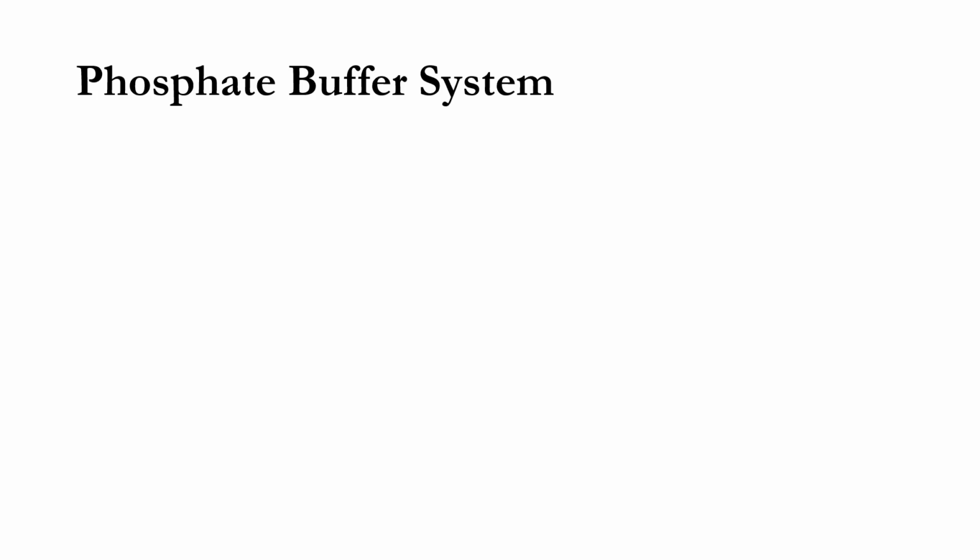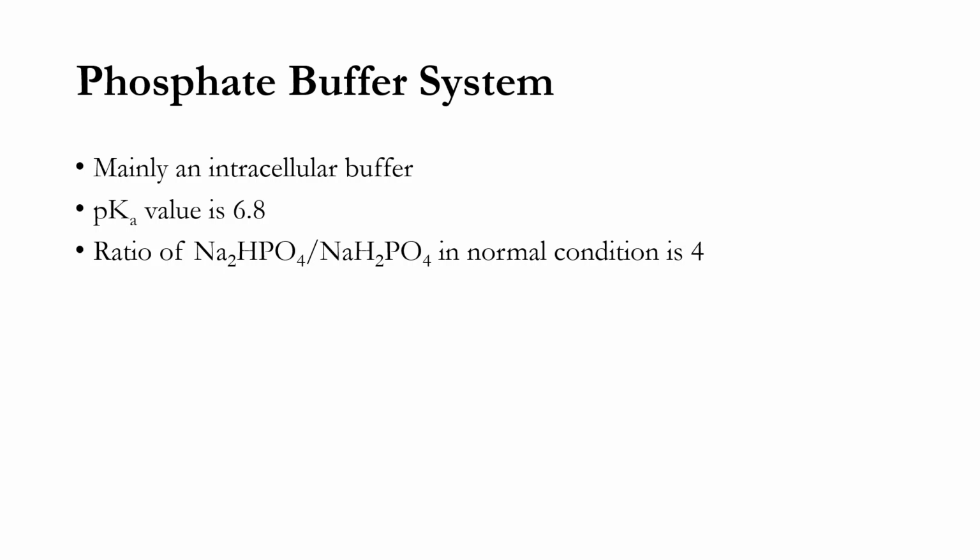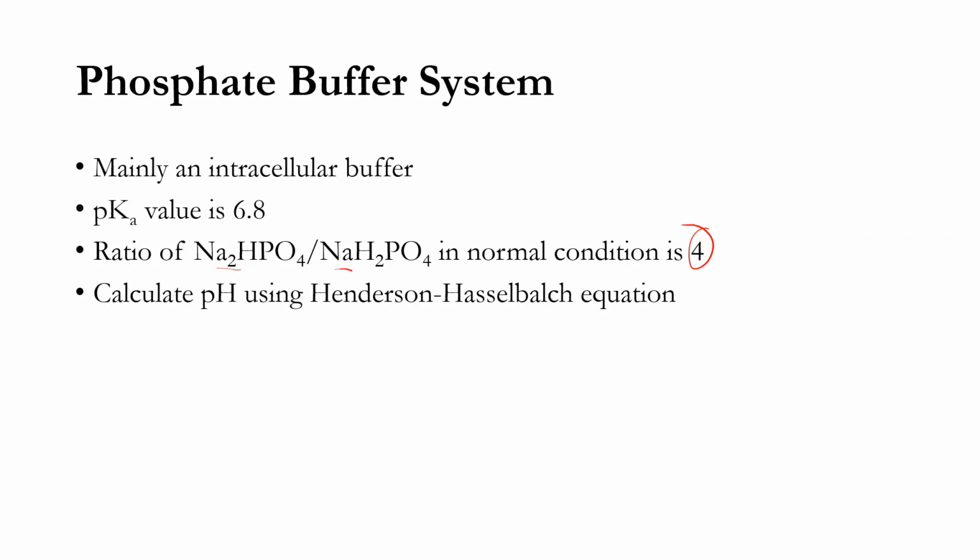Now another buffer system is the phosphate buffer system, mainly an intracellular buffer. The pKa value is 6.8. The ratio of base versus acid is 4. It is already given. Calculate pH using the Henderson-Hasselbalch equation, and log 4 is 0.6. We know that pH is equal to pKa, as per the equation, plus log base over acid.